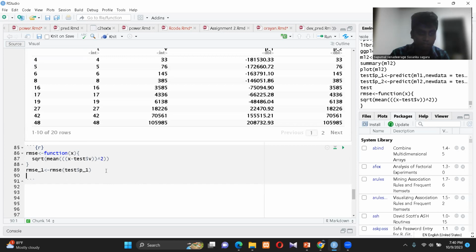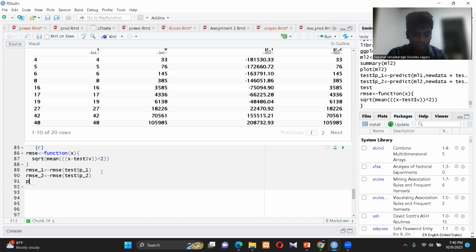Then RMSE 2 for the second model, with test dollar prediction 2, the second prediction.